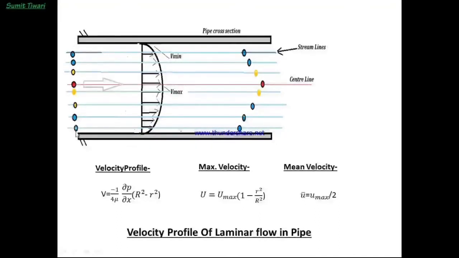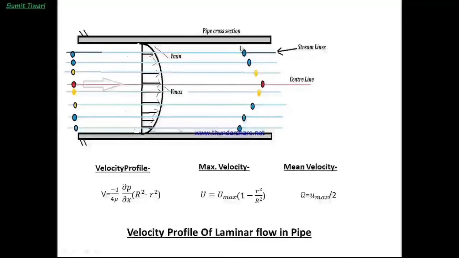So when we see the entrance zone, all particles are at the same point, but when we reach the exit of the pipe, the blue color particles will not be as fast as the red color particles. So we can simply say that the velocity at the center should be maximum and the velocity will be minimum at the radius of the pipe.